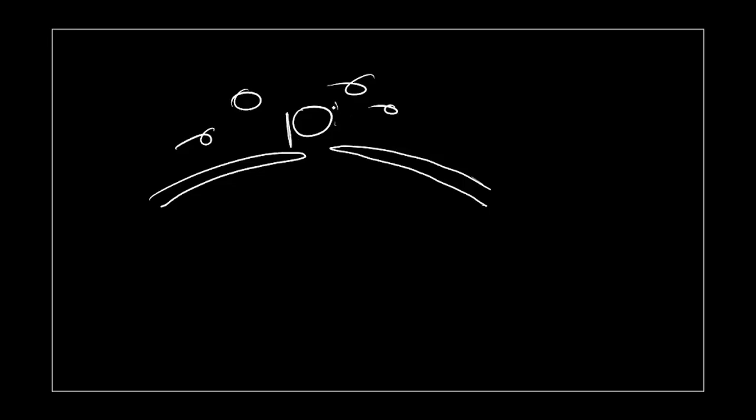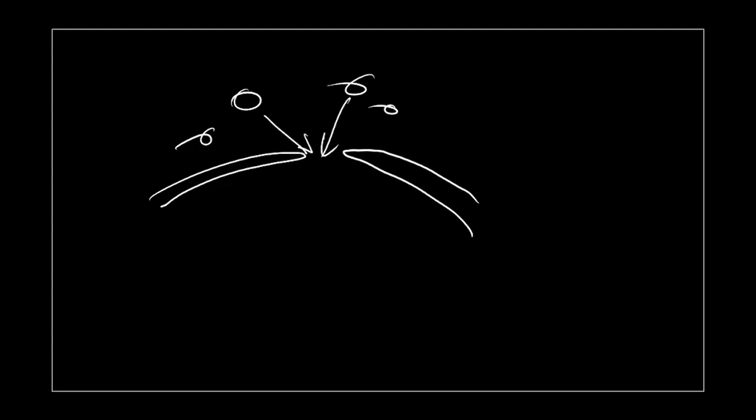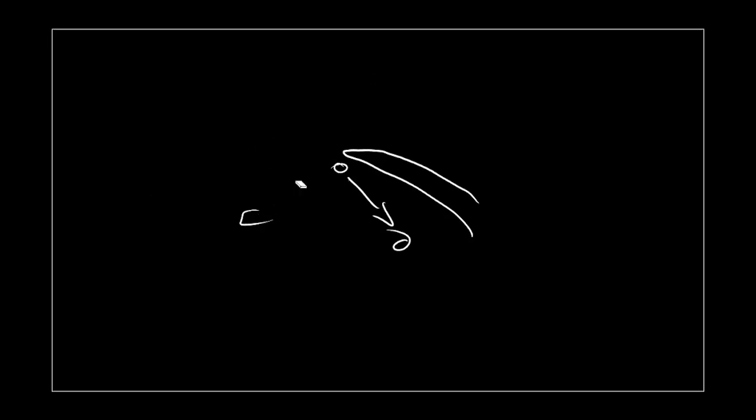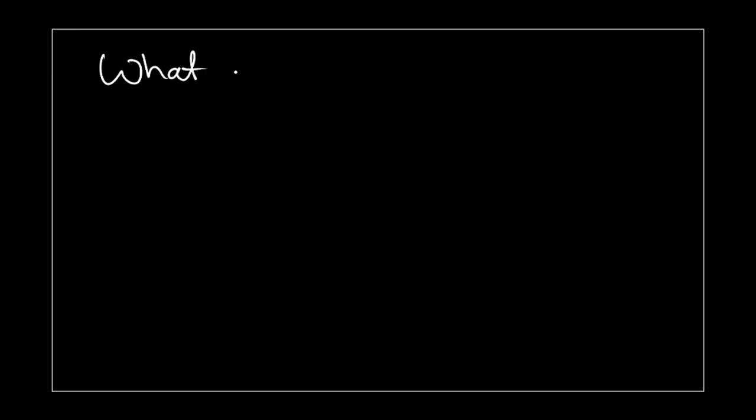This one is too big to fit in, so it does not. But some small particles can actually fit in and they go inside of the cell. So yeah, cell membranes are partially permeable. So, with that knowledge, let us answer the question, what is osmosis?